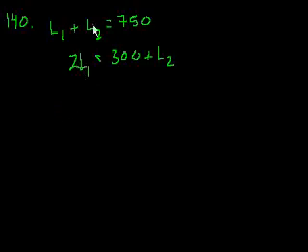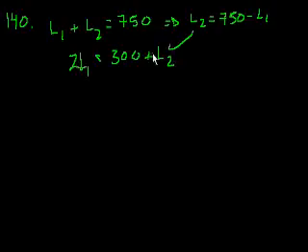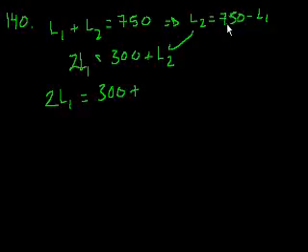So let's see, this top equation we can rewrite as L2 is equal to 750 minus L1, and then we could substitute that here. So then you get 2 times L1 is equal to 300 plus L2, which is 300 plus 750 minus L1.